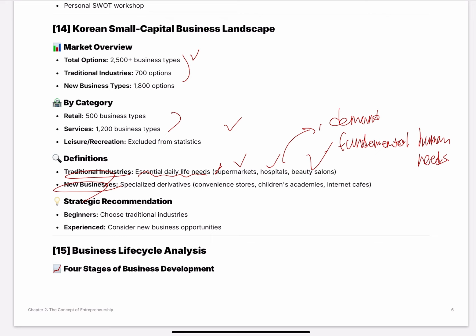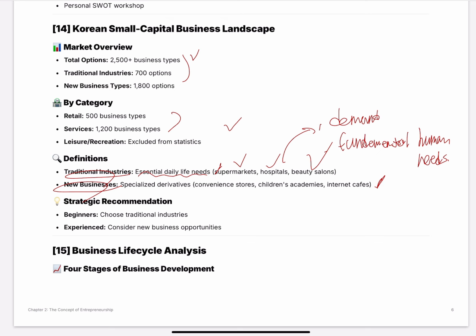And new businesses are specialized derivatives that have emerged from traditional industries. Examples are convenience stores as a derivative of general retail, children's academies as specialized education service, or internet cafes as a modern twist on entertainment venue.